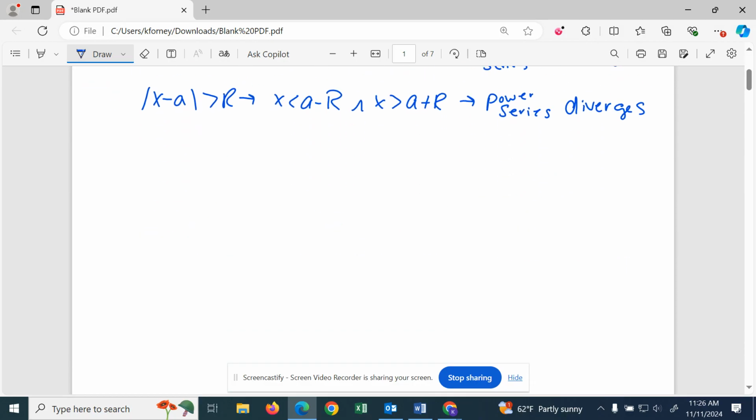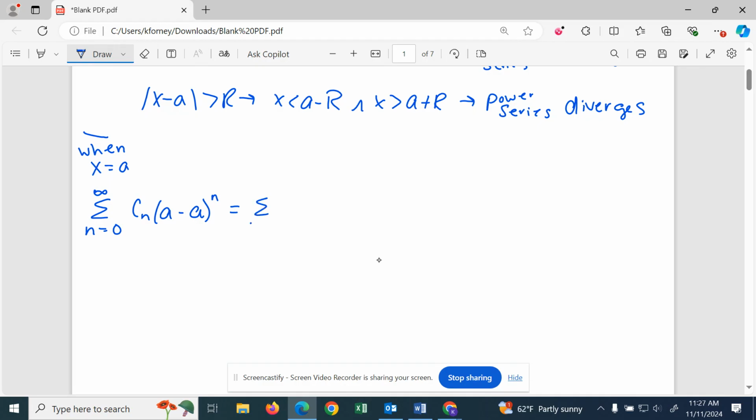So, one last thing before we get into some examples. Let's take a quick look at the convergence of a power series when x equals a. So, when x equals a, we would have our power series with (a minus a) to the n.